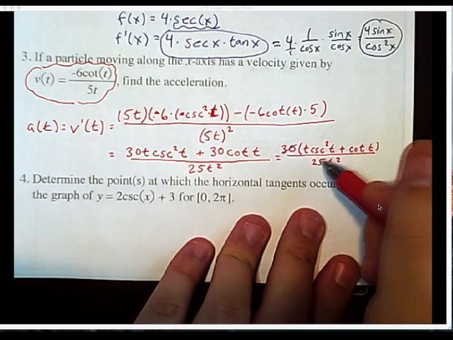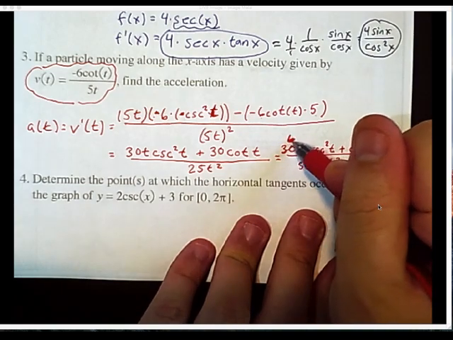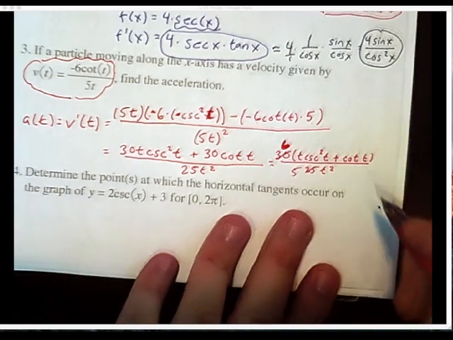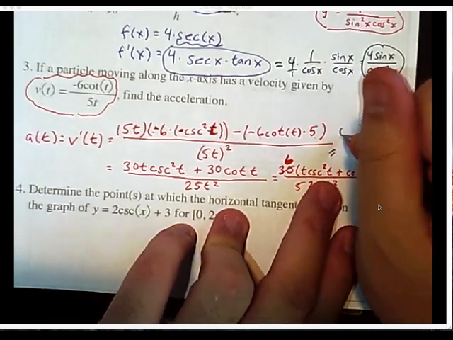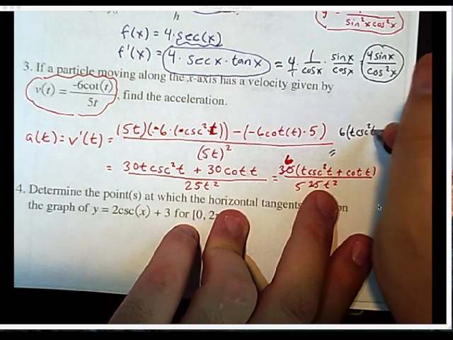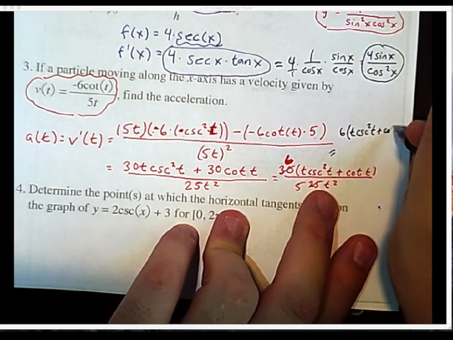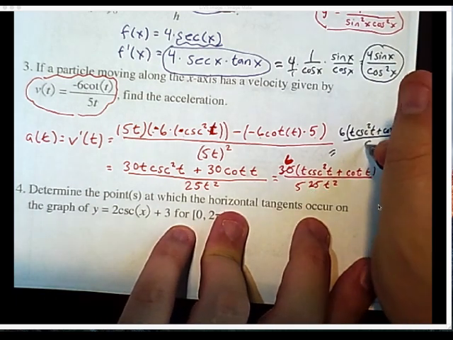And you can divide both of those by 5, and you can get something like this. So you could say, final answer here, let me just write it again, 6, then in parentheses, t cosecant squared of t plus cotangent of t all over 5t squared.